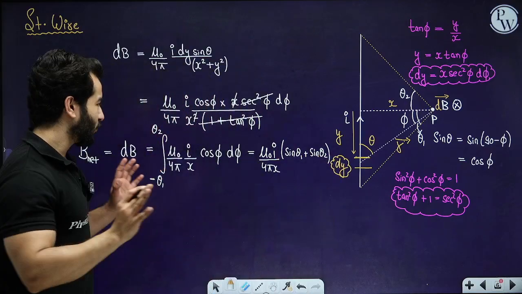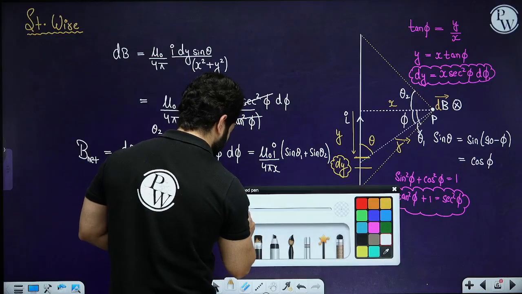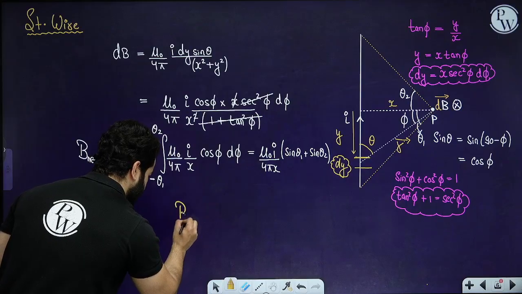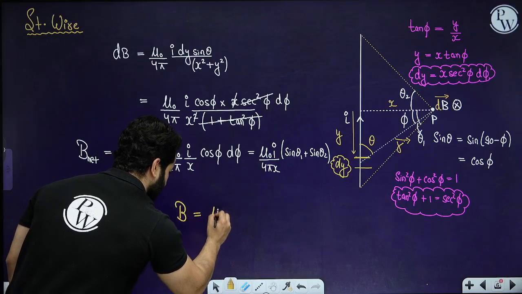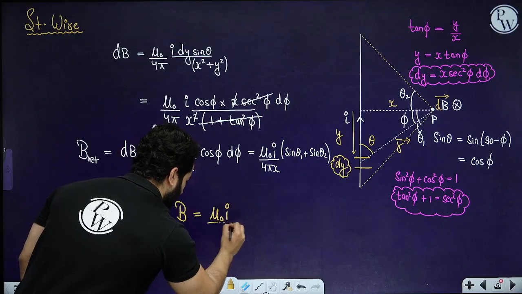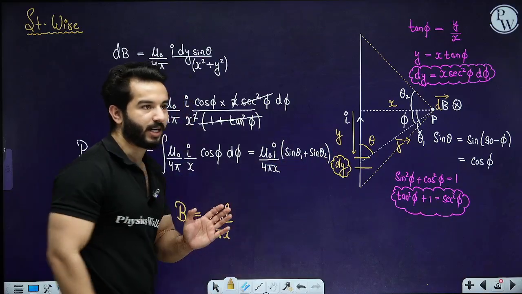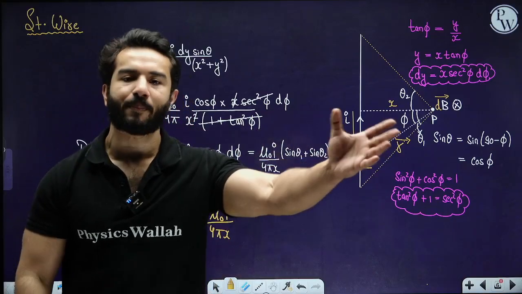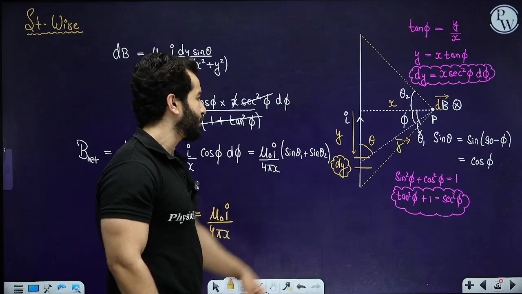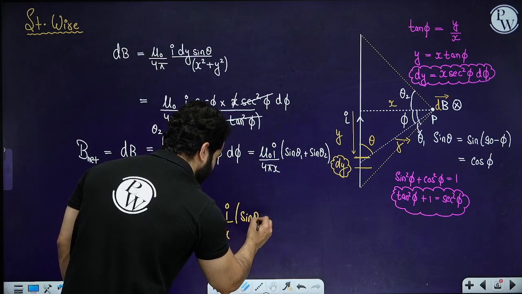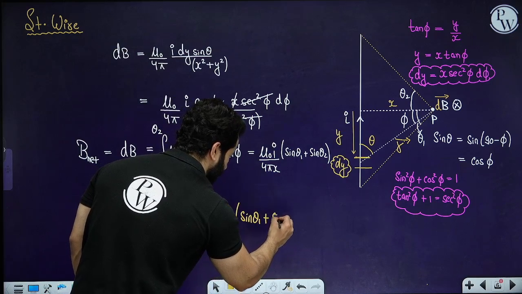What you are trying to say, sir, is that you could have just said that the magnetic field due to a straight current carrying conductor is nothing but mu naught I upon 4 pi x. By the way, x is the distance at which we are finding out, and this x is at the perpendicular bisector, and this is going to be sine theta 1 plus sine theta 2. So this is something which you should remember.